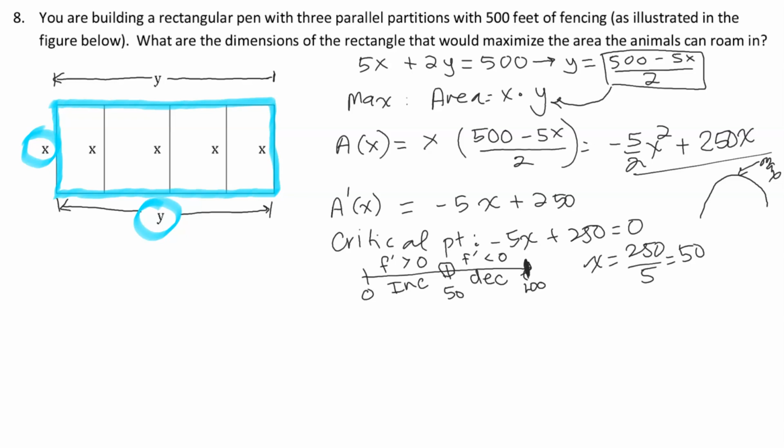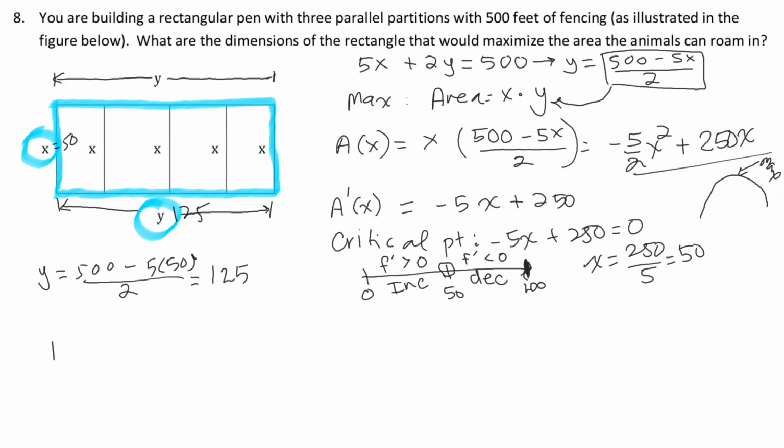So this is 50, and if that is 50, then y is equal to 500 minus 5 times 50 divided by 2. 5 times 50 is 250. 500 minus 250 is 250, divided by 2 is 125. 125 right there.